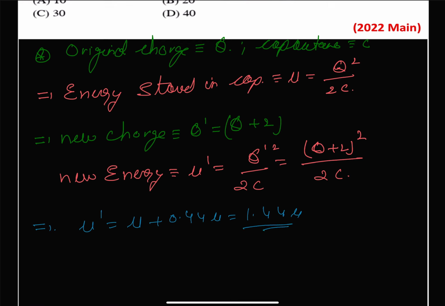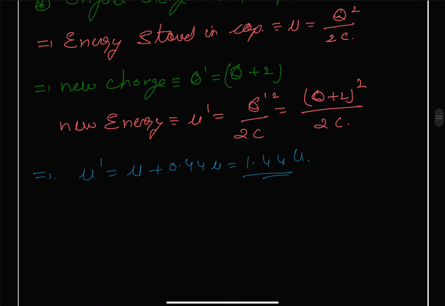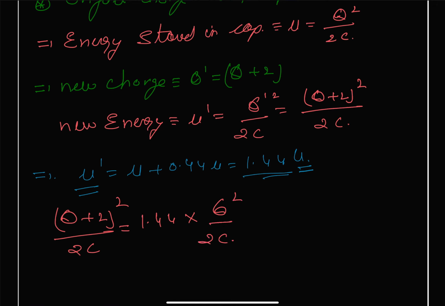So we know the relationship now between the original energy and the new energy. We can simply substitute U prime as well as the value of U. U prime is our Q plus 2 whole square upon 2C, equal to 1.44 multiplied by Q square upon 2C. Here 2C and 2C cancel out, and we just open the square bracket.